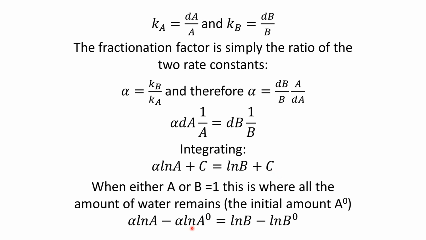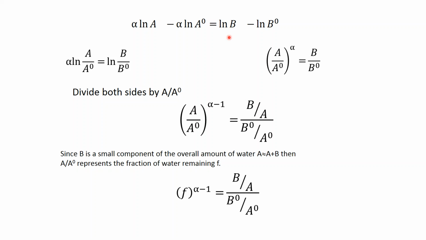That gives us this equation down the bottom here, which is very nice, which we can rearrange to give this equation using just the rules of logarithms. So log A minus log A naught is essentially log of the ratio of those two amounts. That can be rearranged to give this, just removing those logs.